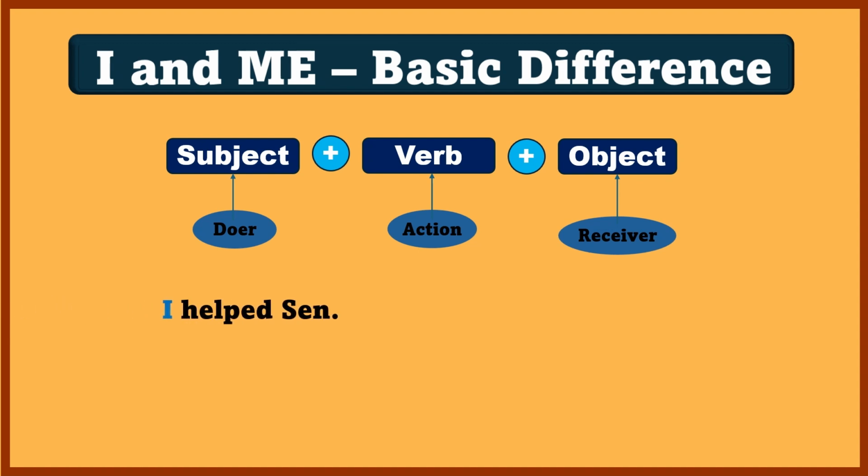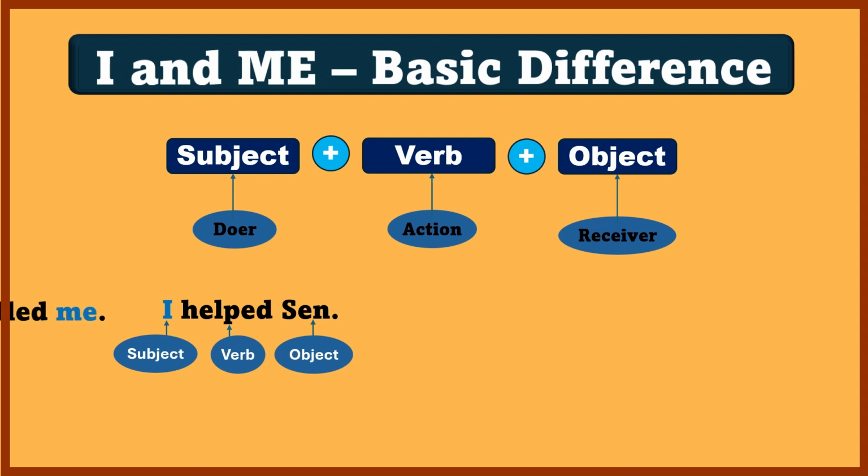In the sentence, I helped Sen. Helped is a verb. This action of helping is being done by I. So I is the subject. Sen received the action. So Sen is the object.